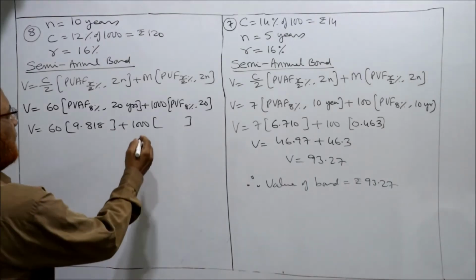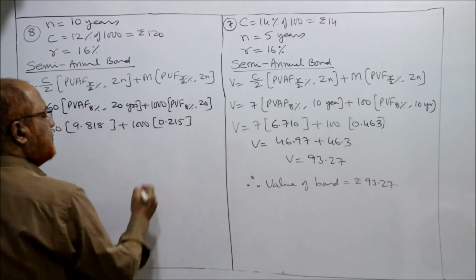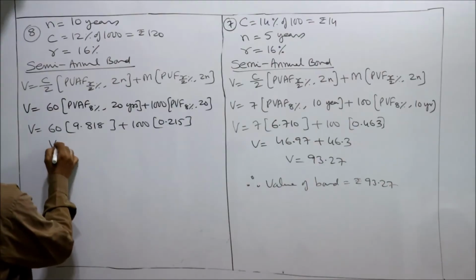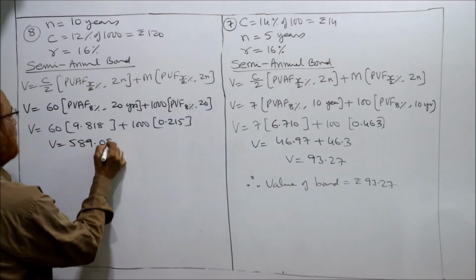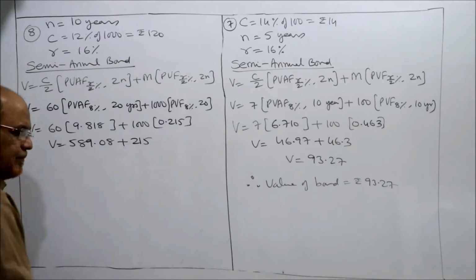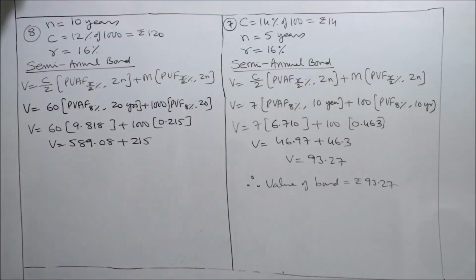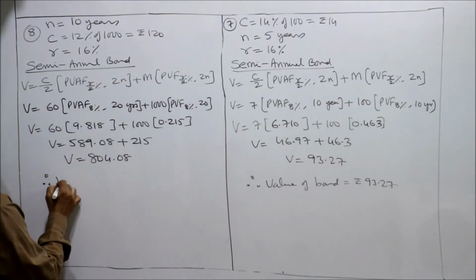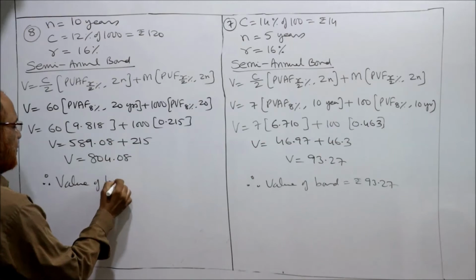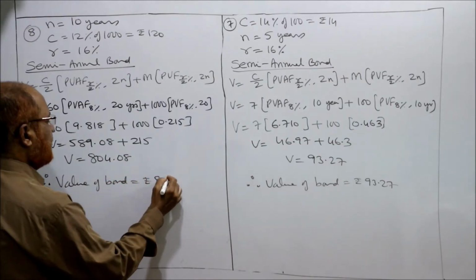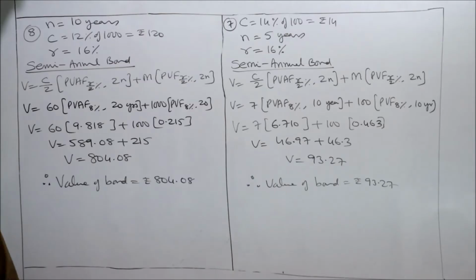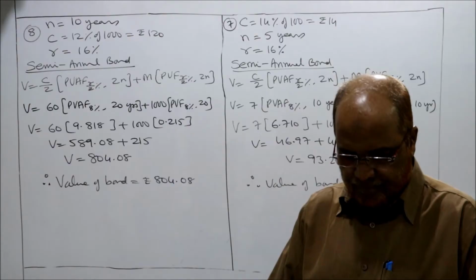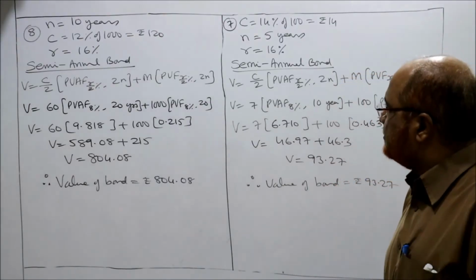Then 0.215. So multiply 589.08 plus 215, 804.08. This is the value of the bond.